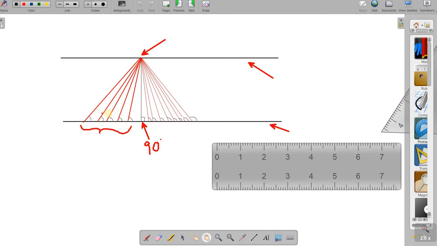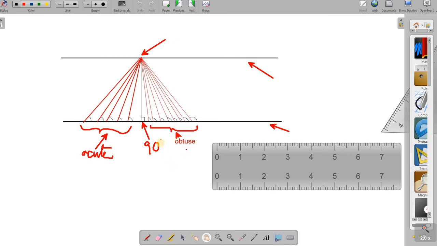The lines 1, 2, 3, 4, 5, all these 5 lines are making some angle which is acute, less than 90 degree. And all these angles are obtuse. These all make obtuse angles.